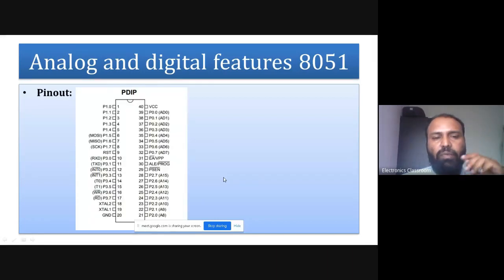We will have a memory, and to give the memory a signal that I am writing on memory, or that I want to read from a particular location, we need to give a read signal as well as a write signal to the memory.